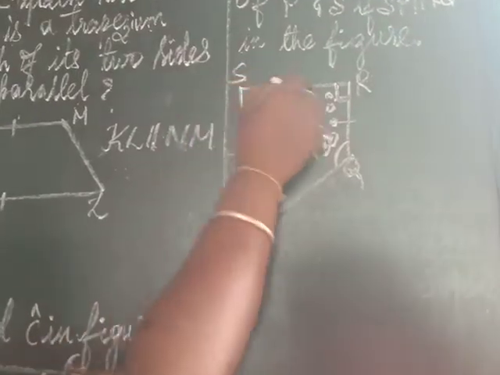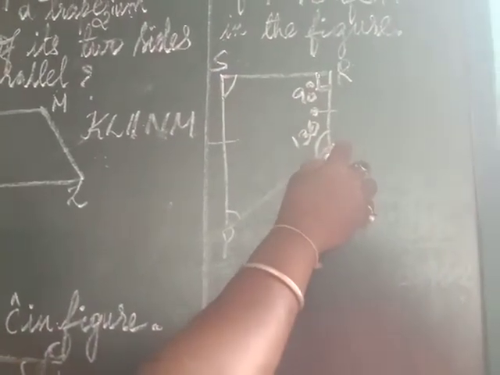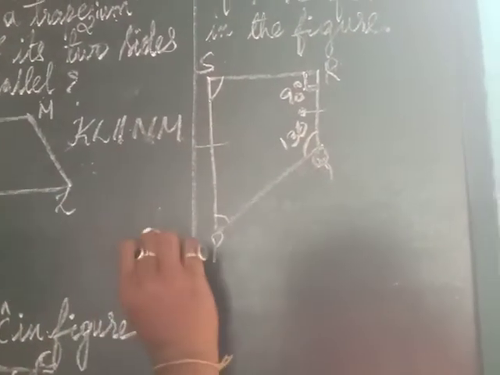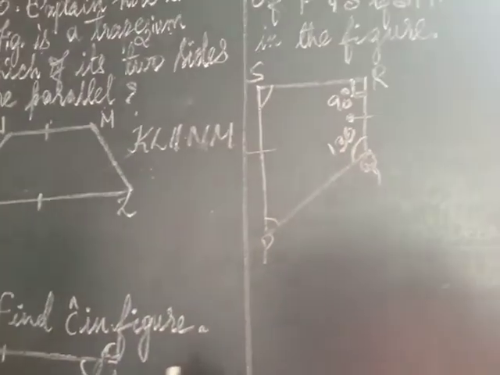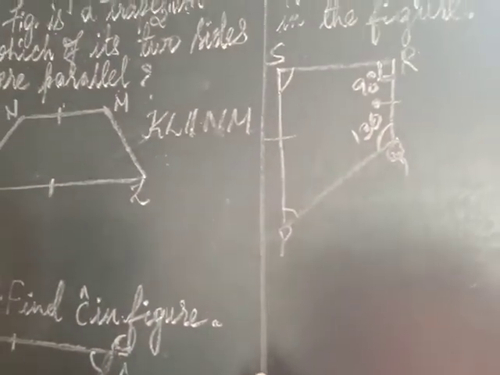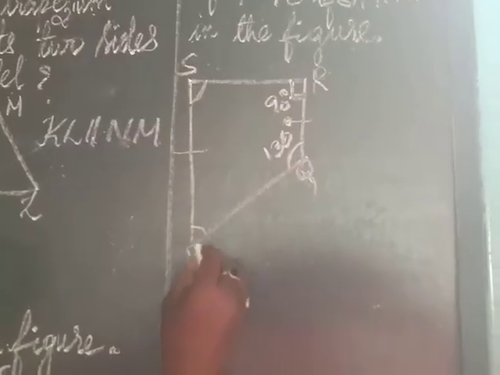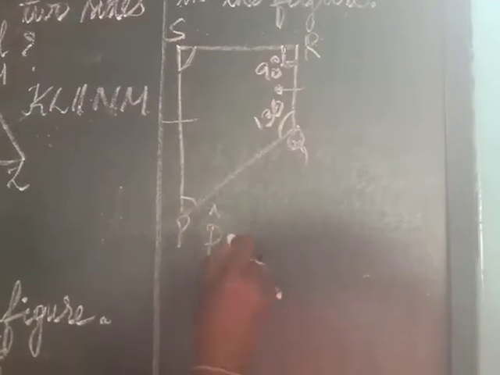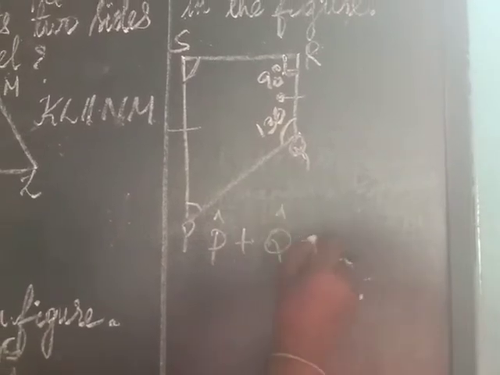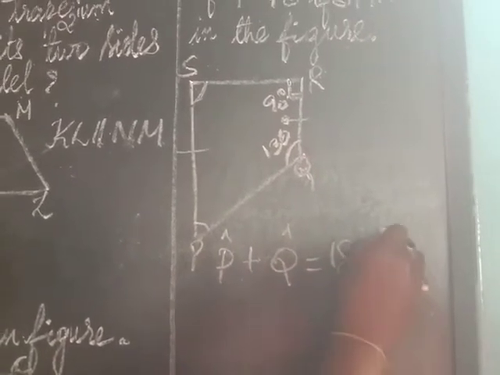Now let us find out the angles. Angle P plus angle Q is equal to 180 degree since they are supplementary.